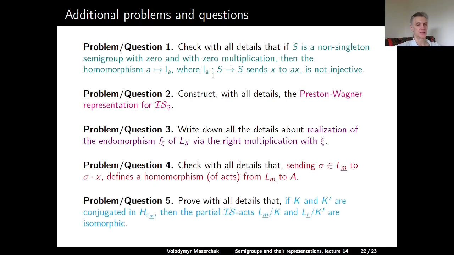Prove with all details that if K and K prime are conjugated in H sub epsilon m underlined, then the partial IS_n acts Lm underlined modulo K and Lm underlined modulo K prime are isomorphic.